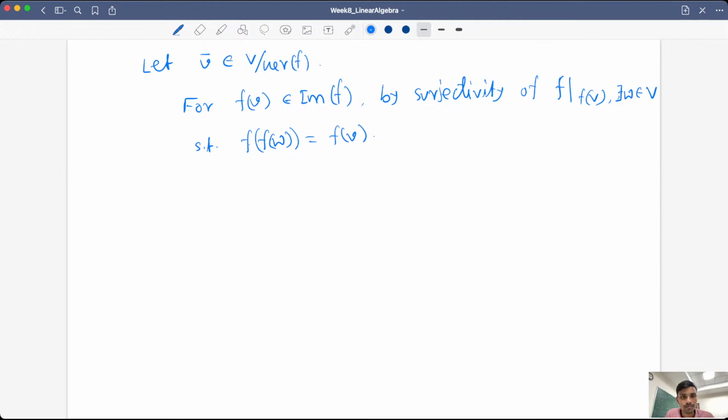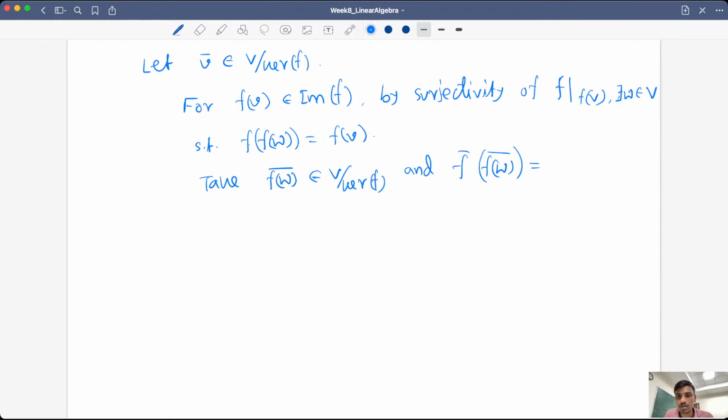So take fw bar, which belongs to v mod kernel f, and f bar of fw whole bar, what is that?